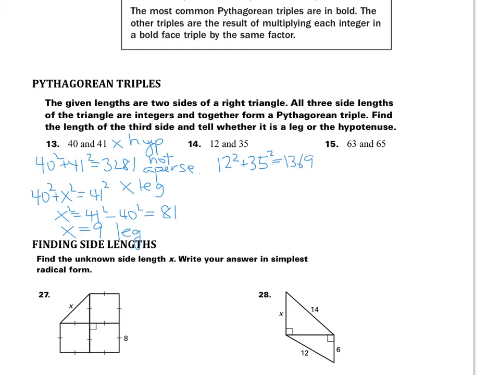13.69 is a perfect square. So this time it would be a hypotenuse. So again, test it as a hypotenuse. That's not a perfect square.